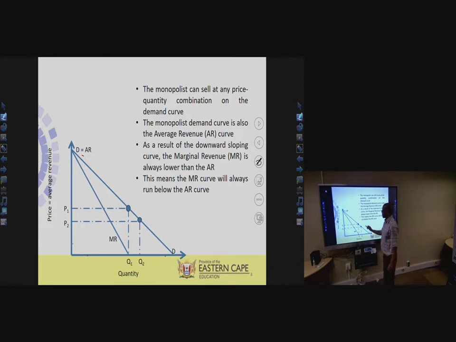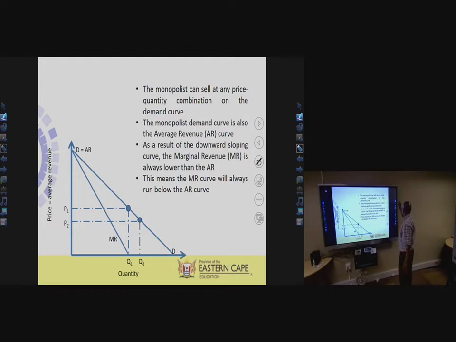The monopolist therefore faces a normal market demand curve, one which slopes down from the left to the right as I have explained. Okay, then let's get further to that. As I've already explained, in this particular graph, this is our normal demand curve.